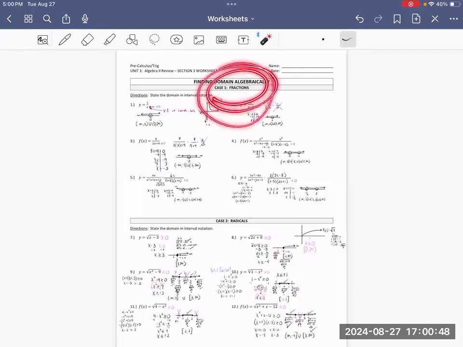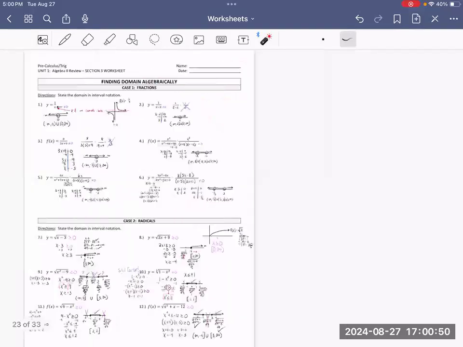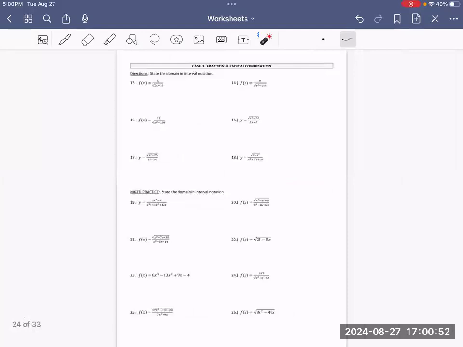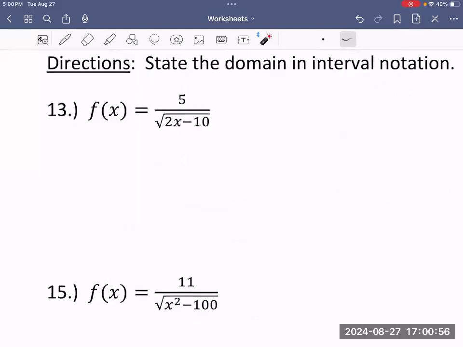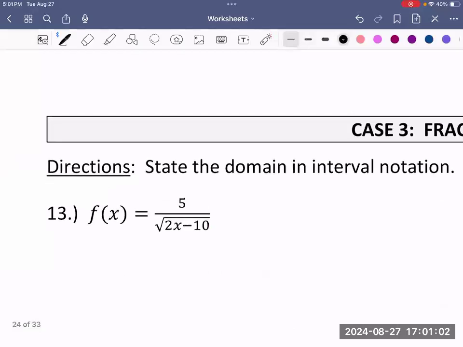So let's look at fractions and radicals together, so finding a radical underneath the square root. Now in our case, let's say we have something a little bit easier, 1 over the square root of x. So we're bridging that gap, right? In your denominator, we cannot be equal to 0.